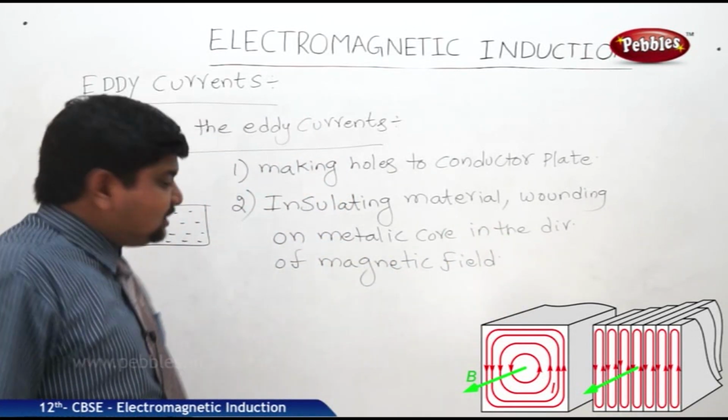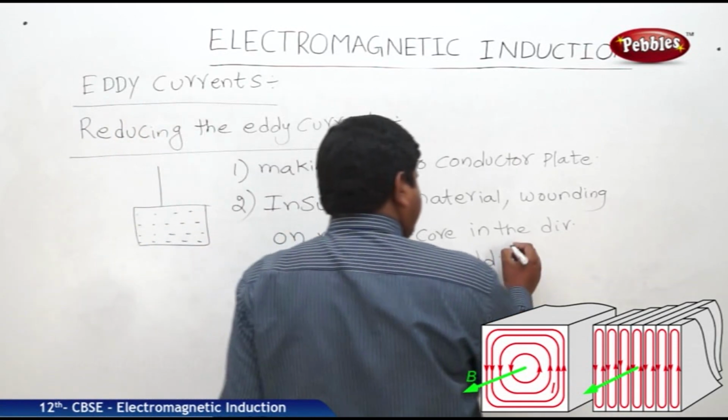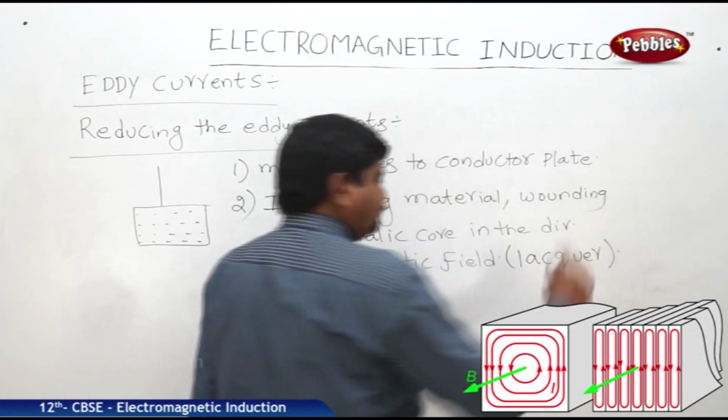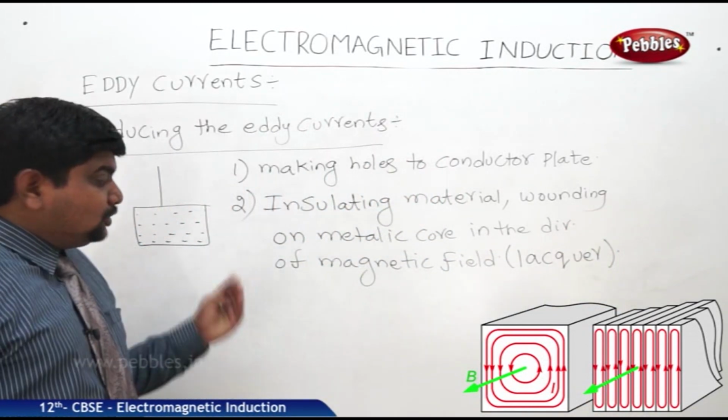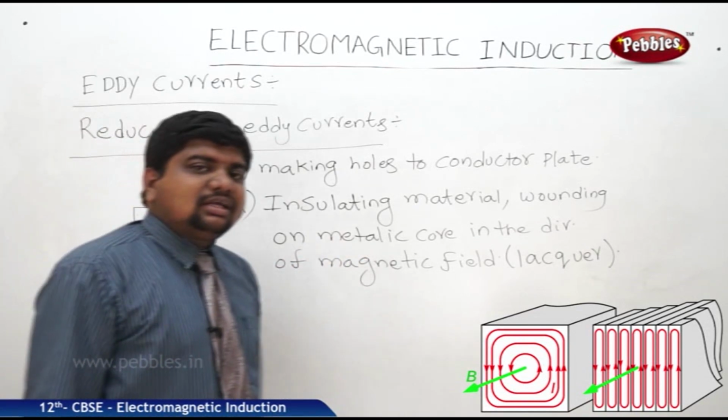This is one of the ways we can keep the insulating material. An example of an insulating material is lacquer. This type of material we can wind on the core, which can minimize the eddy currents effect. Insulation means which cannot conduct.